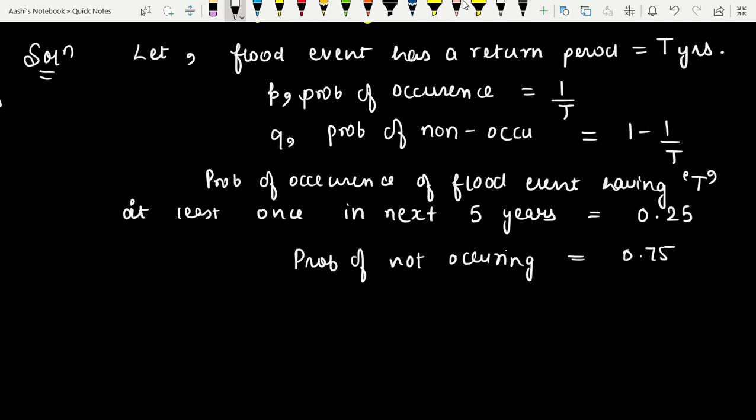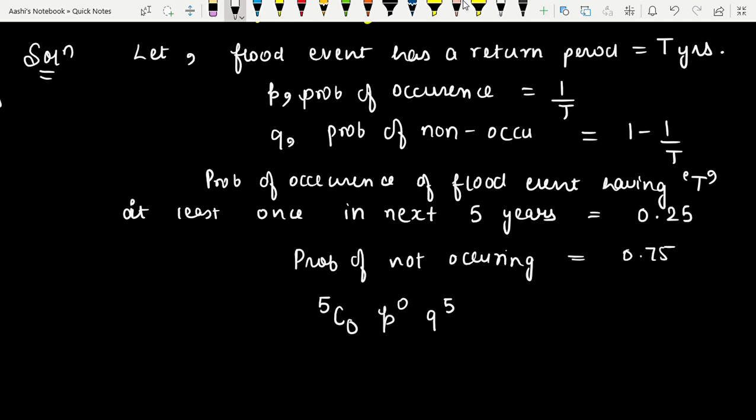So what is the probability of not occurring in the next 5 years? Can I say 5C0, p to the power 0, q to the power 5? How can I say? Because q is the probability of non-occurring and I want all 5 consecutive years not to have this event occur. So I don't want this event to occur in the coming 5 years.